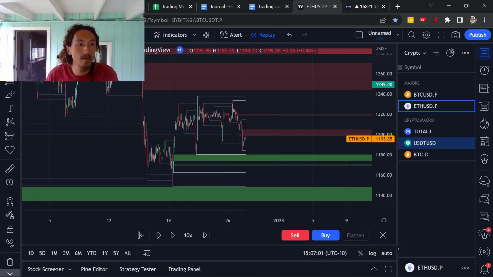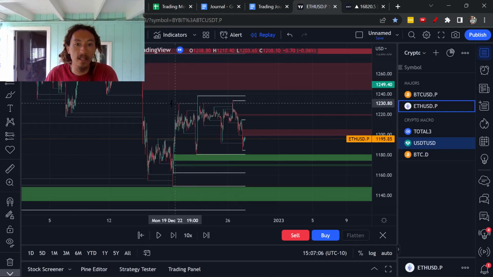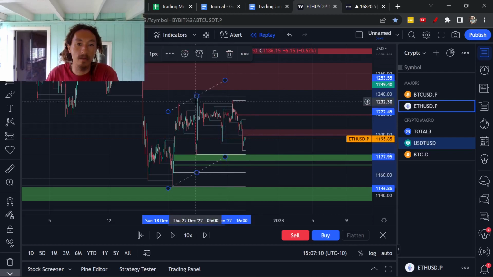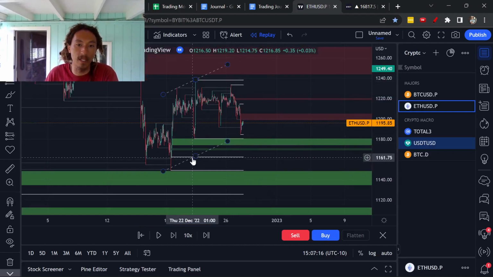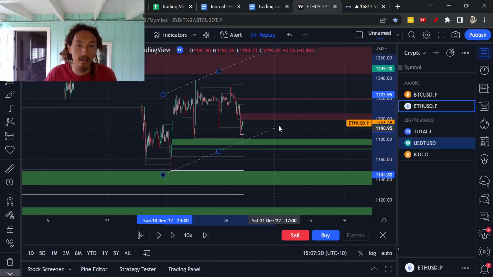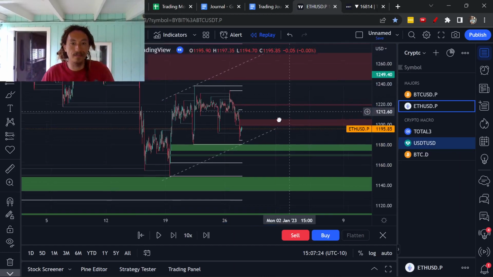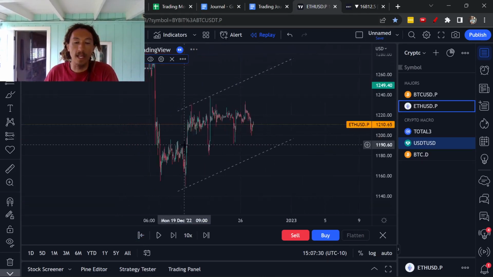I'm a member of the Lucky Chart Apes Discord. He's a great trader, and he has a setup, and there's more to it, but the basic setup is a predictive channel and a Fibonacci retracement.